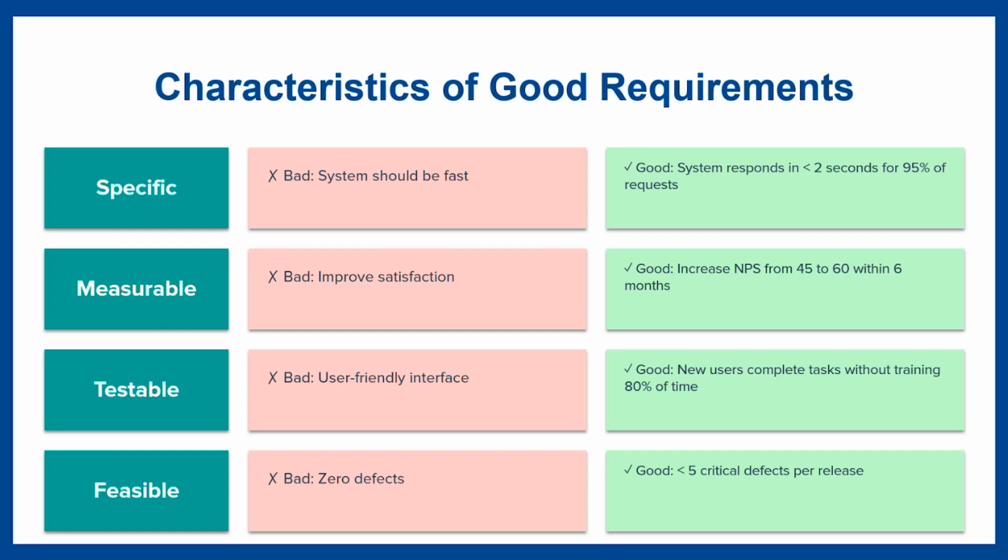A good requirement would be reduce system load time to under 3 minutes. You can measure that because if your system uploads or loads more than 3 seconds, then it has failed. So instead of saying make the system faster, instead say reduce the system load time to under 3 seconds. If you can't measure it, you cannot confirm whether the requirement has been met.